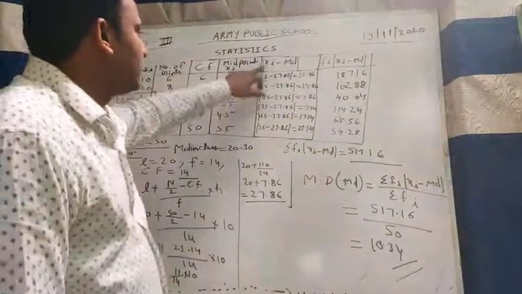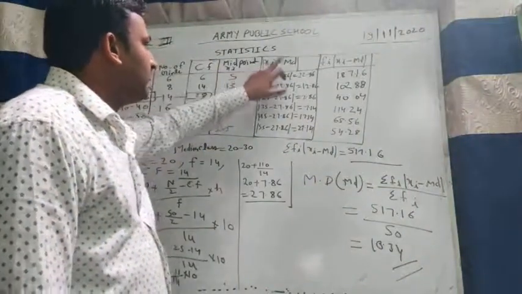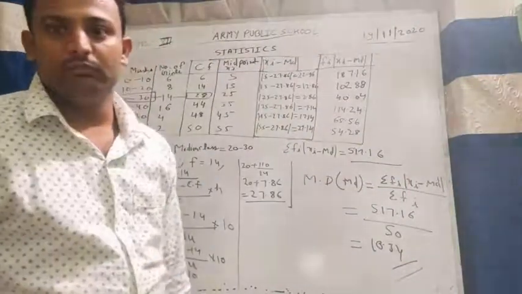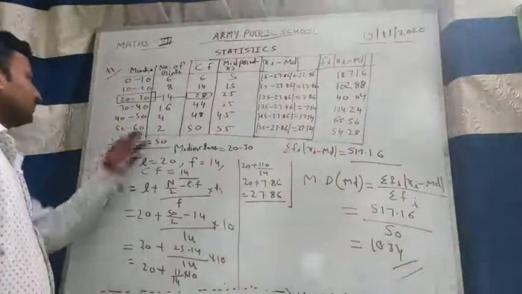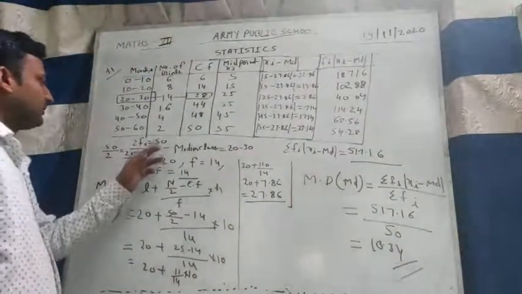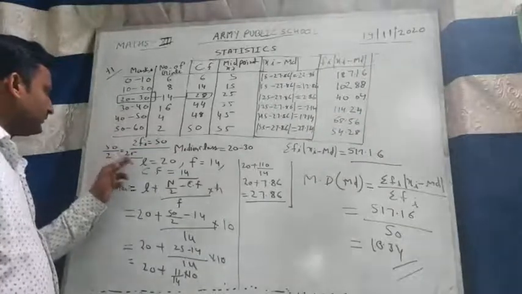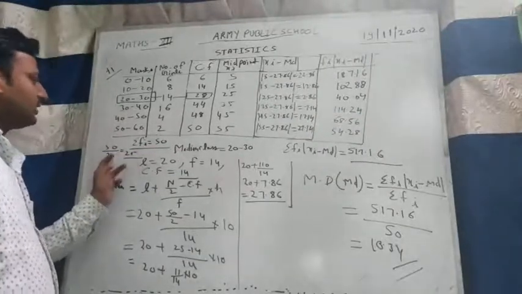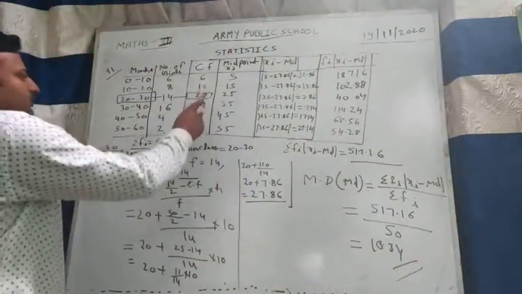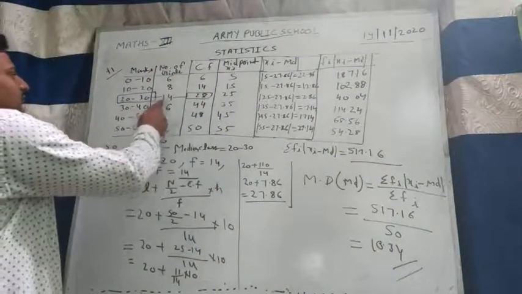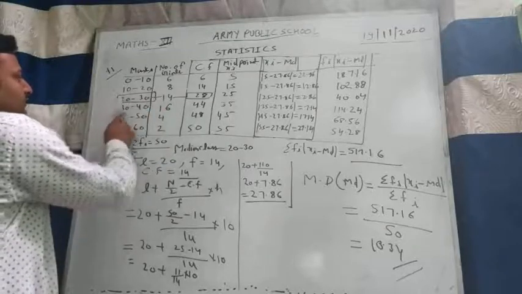Now we will find the modulus of xi minus median. For this, first we will calculate the median. The sum of frequency is 50. So we write 25, and 25 lies here, and this will be the median class.